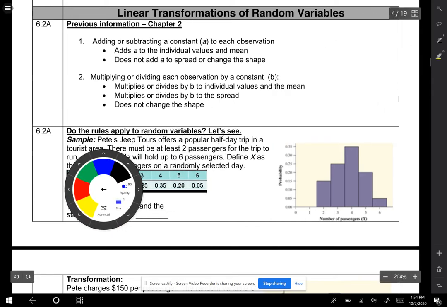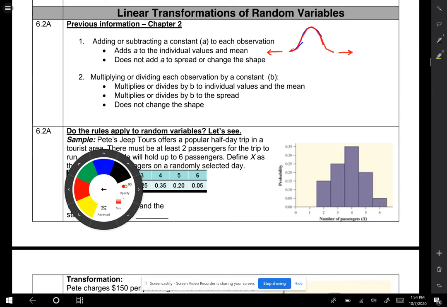So, for instance, if we had a distribution, adding or subtracting a constant shifted it right or left, but it did not change the shape. Meaning, if the shape was right skewed, it would stay right skewed, and it does not do anything to the spread because the deviation from the mean is still going to be the same.